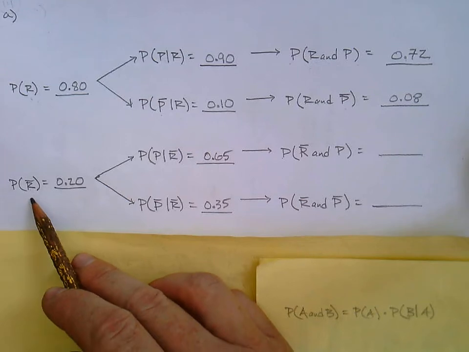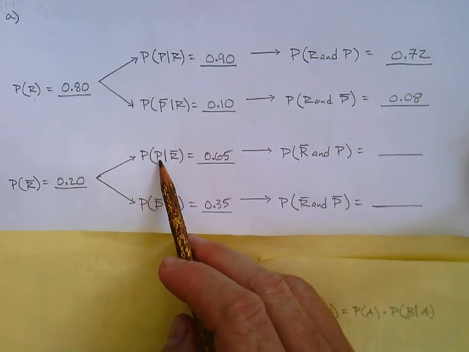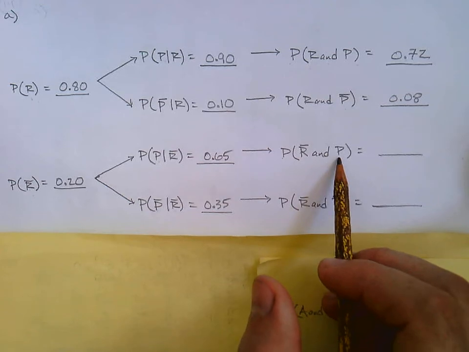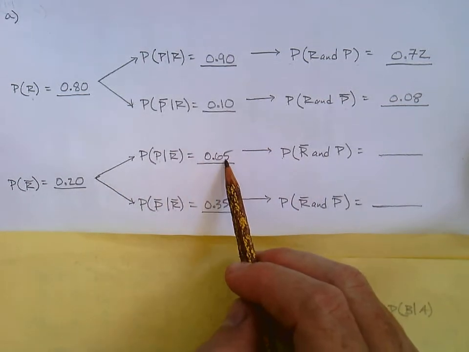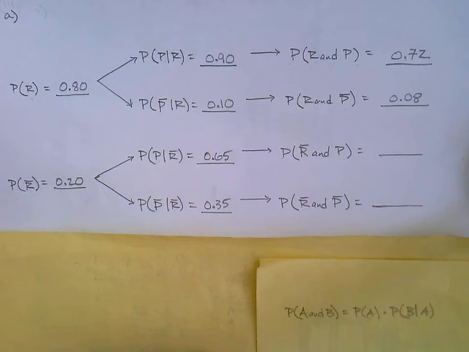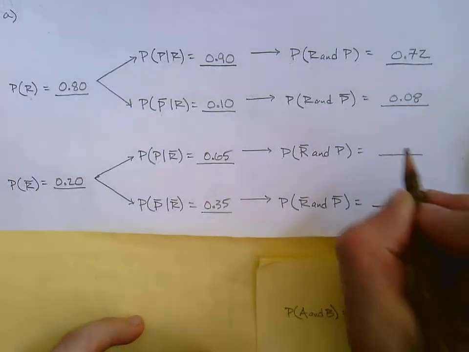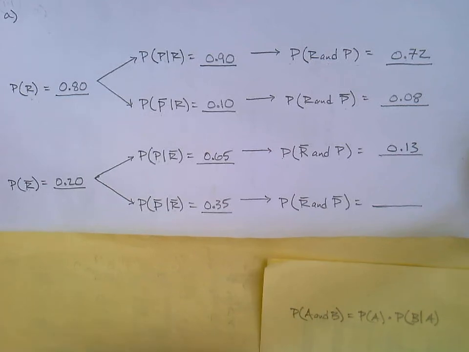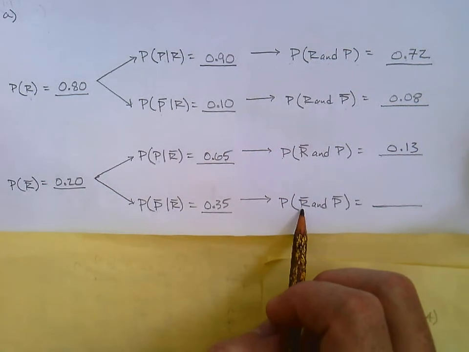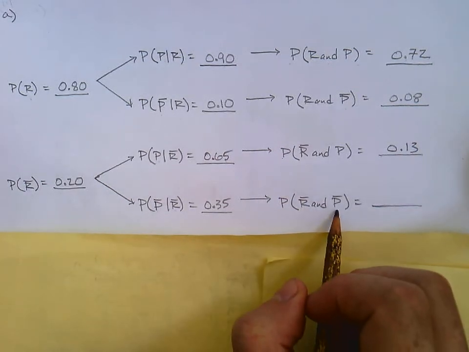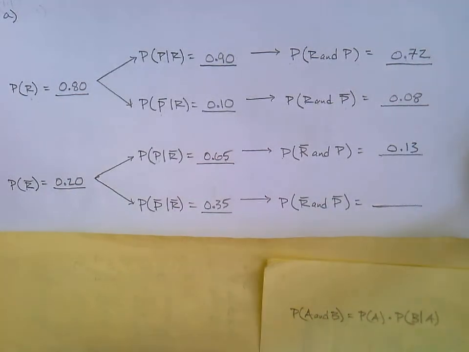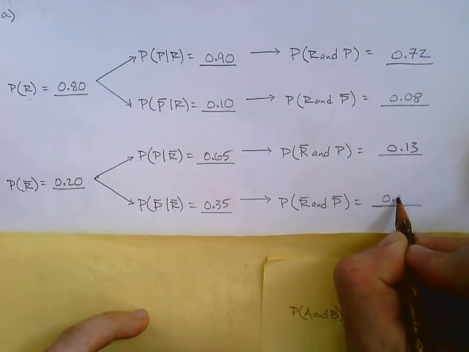Did not go to the review, but did pass. Did not go to the review and passed. 0.2 times 0.65 is 0.13. And finally, did not go to the review and did not pass. That's what we're looking at. So 0.2 times 0.35, 0.07.